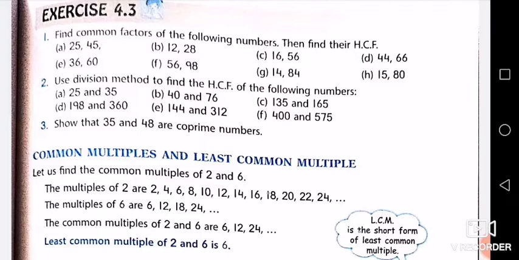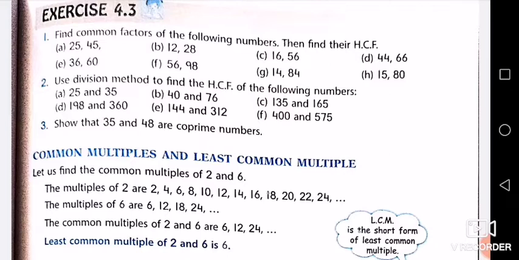Today we will do question number 2, which is: use the division method to find the HCF of the following numbers. So today we will learn how you will use this division method which you have seen, all the steps and examples also you have seen just now, to find the HCF.